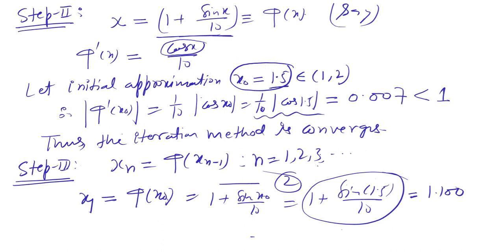Now using x1 as the initial approximation and putting n equals 2 in equation 2, we obtain x2. x2 is phi of x1, which means 1 plus sin 1.100 divided by 10, and this value is 1.089.